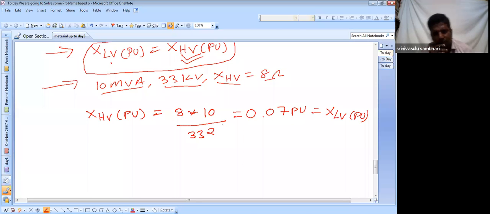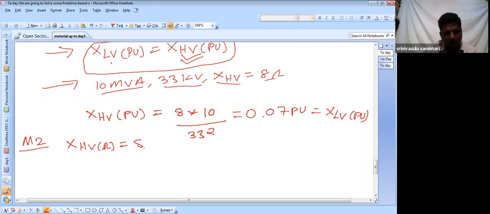Same problem we can do like this also. This is method 1. What is method 2? Same problem I can do. What is the XHV in ohms we know? 8.